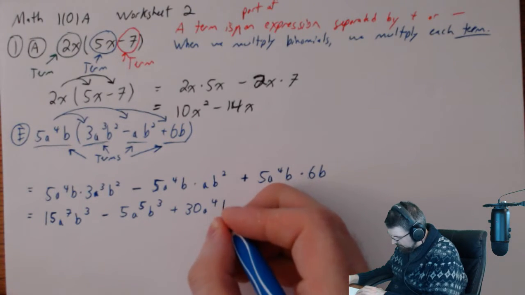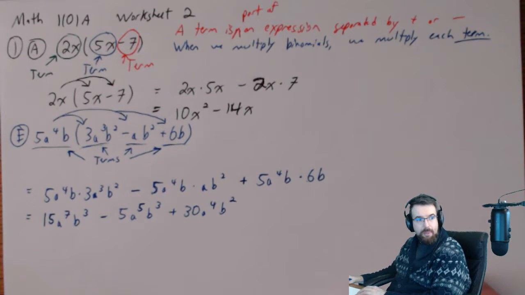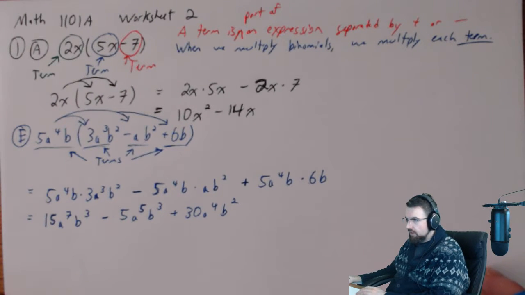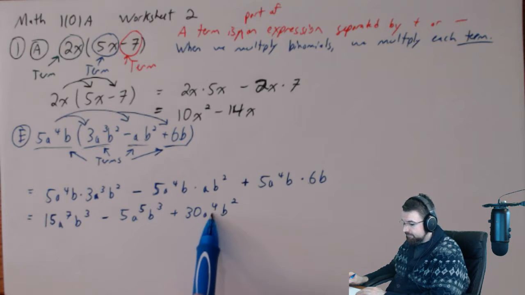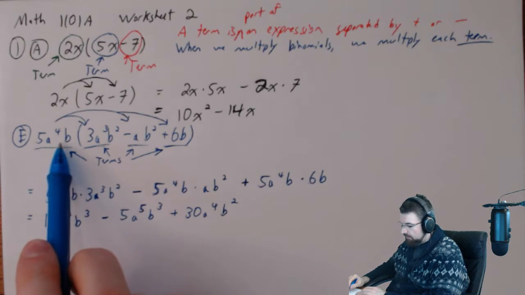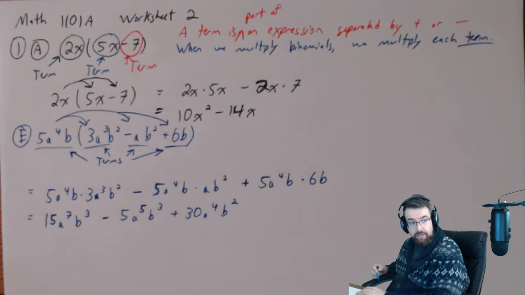And b times b is b squared. So there we go. That is how you're going to go about doing question 1 on worksheet 2. At this point we're done. All we were doing is taking this term outside and multiplying it by each of the 3 terms on the inside.